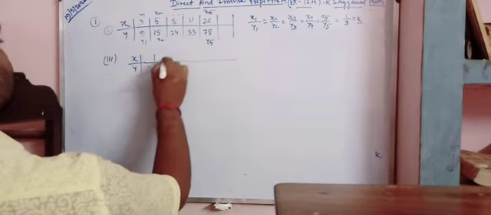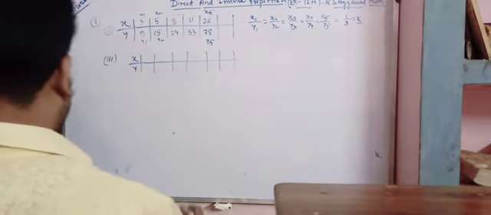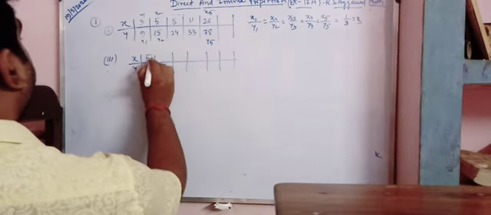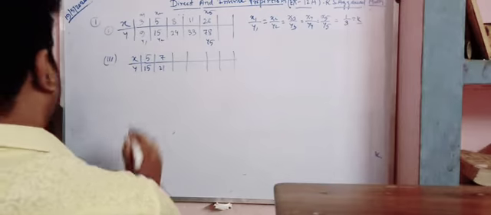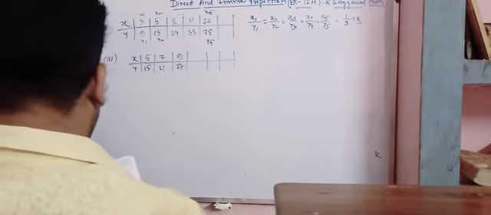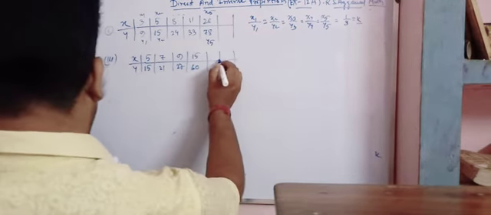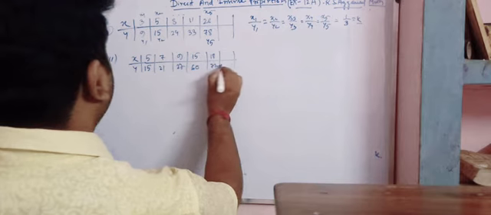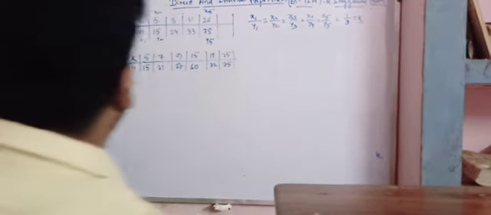x by y is equal to 5 by 15, 7 by 21, 9 by 27, 15 by 60, 18 by 72, and 25 by 75.